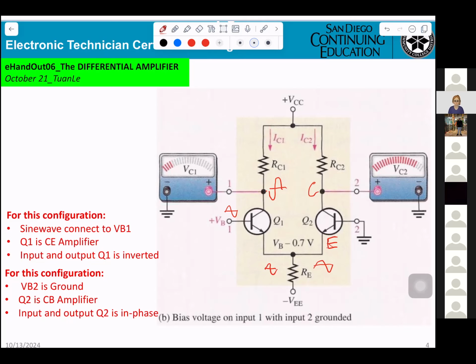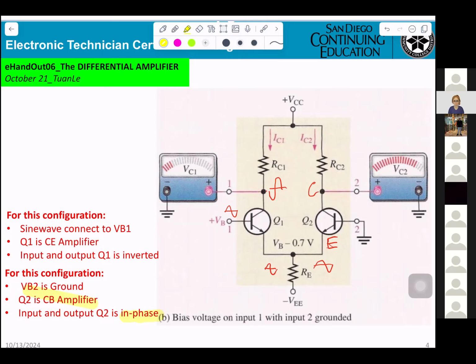Q2 CB. Input and output of Q2 are in phase. That's what we already learned. When you're looking into that circuitry, the first thing you have to understand is they grounded the base of Q2.